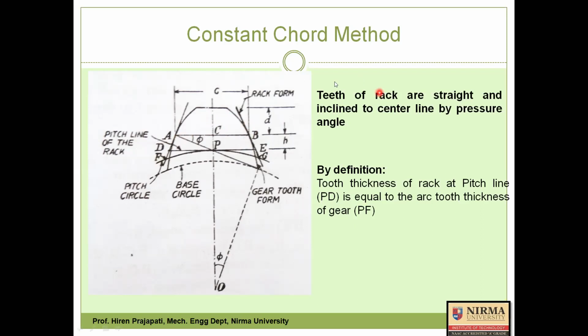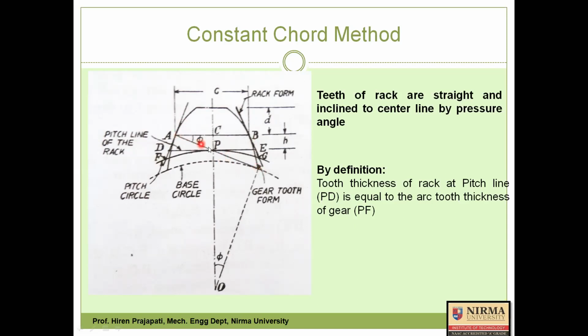Now, as per this condition, the angle of the rack profile with the center line is the pressure angle phi. If you consider a line from point A passing through pitch point P and extend it, then that must be tangent to the base circle. This line AP is tangent to the base circle.